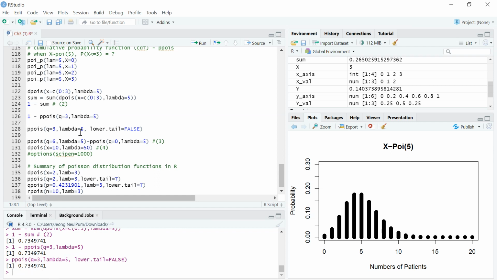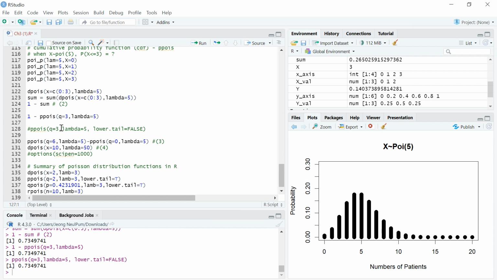But as I already said again, I recommend you use the lower tail option as true because it is more convenient for us to use the CDF value itself. The lower tail option is also the default value, so we don't have to care about it anymore if we concentrate on the CDF value.